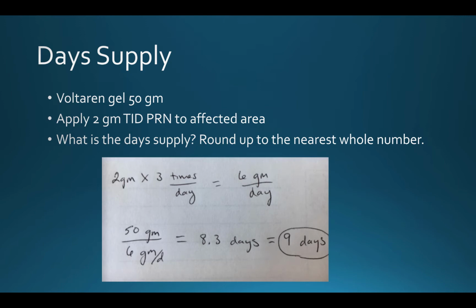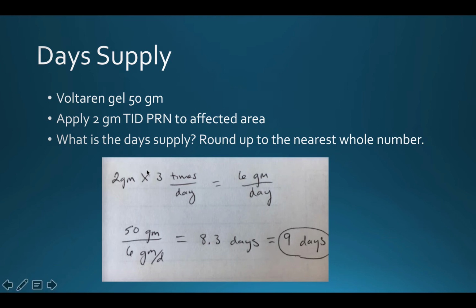So first example here, just calculating day supply. So we're going to apply 2 grams of Voltaren gel 3 times a day as needed. So in this assumption, we're assuming that they're using this 3 times a day, because we want to know the day supply if they use it as instructed.